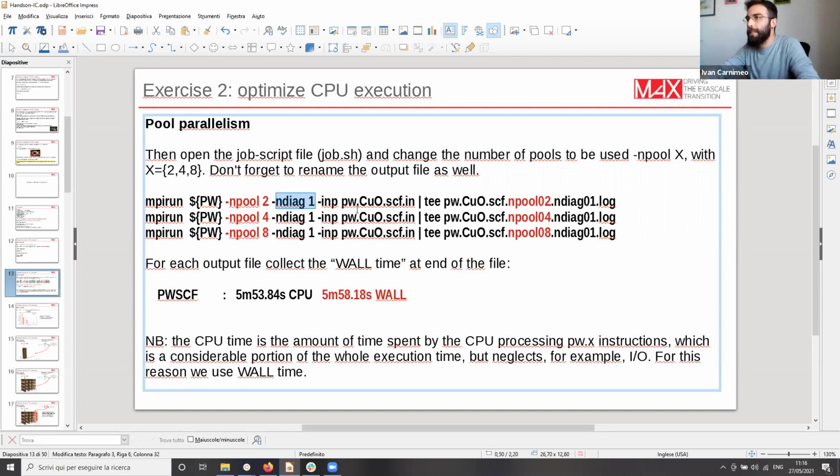If you look inside this input file, you will see that this input has 8 k points. So if we have 8 k points, the reasonable number of pools to split them is 2, 4, 8. If we split 8 k points in 2 pools, it means that we will have 2 pools, 4 k points each. If we split 8 k points in 8 pools, it means that we will have 8 pools, 1 k point each, and this will be assigned to groups of processors.